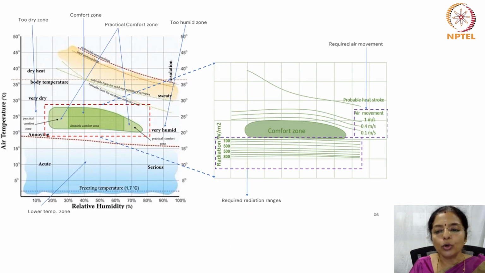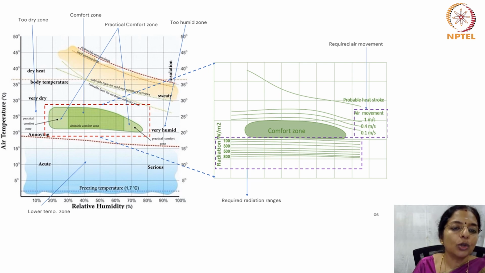Now, if you look at the bioclimatic chart, you can see that this zone, I'll change the color. This zone, which has conditions pertaining to a specific air temperature, relative humidity, etc., falls under desirable comfort zone.